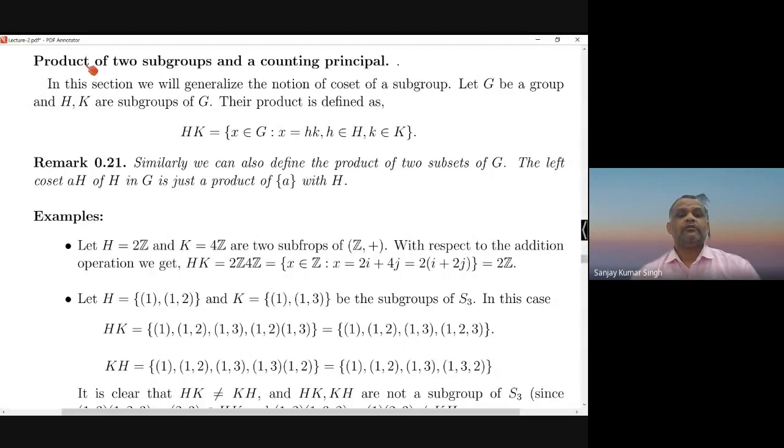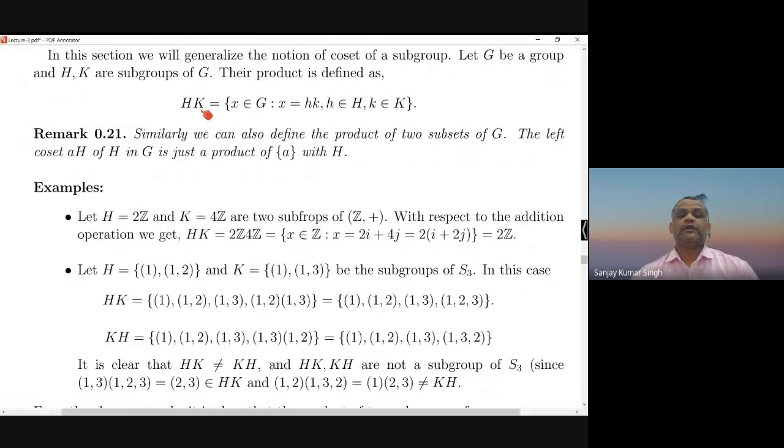I will define what is meant by the product of two subgroups. Let G be a group and H and K be subgroups of G, then I can define their product. You can even define the product of any two subsets of G. You pick an element h in H and k in K and take their product, and the set of all these elements is defined as the product HK, which makes sense for any two subsets.